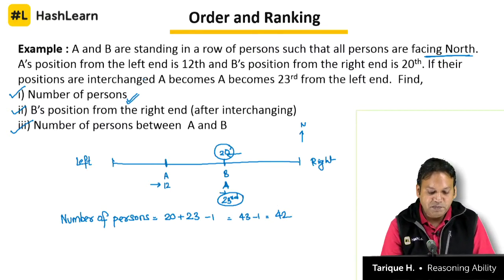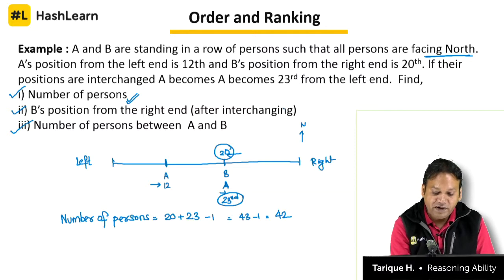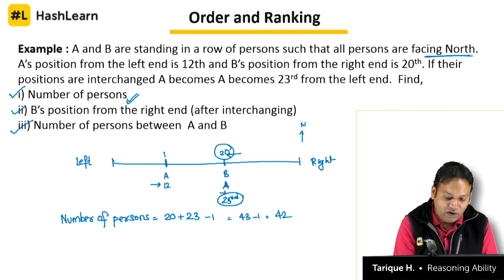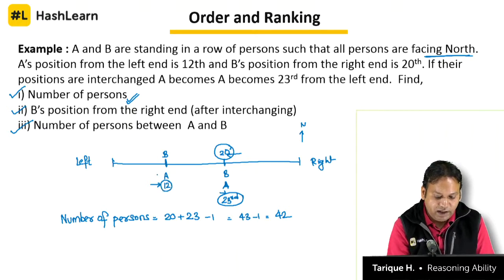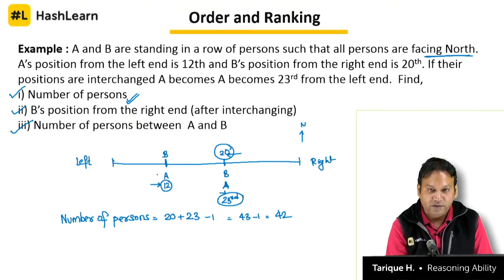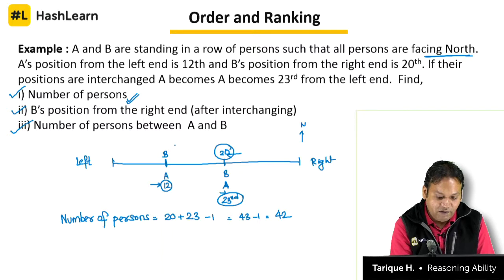Now, B's position from the right end after interchanging. B has gone to the position of A, and the position of A from the left end was 12. So, what is the position from the right end?